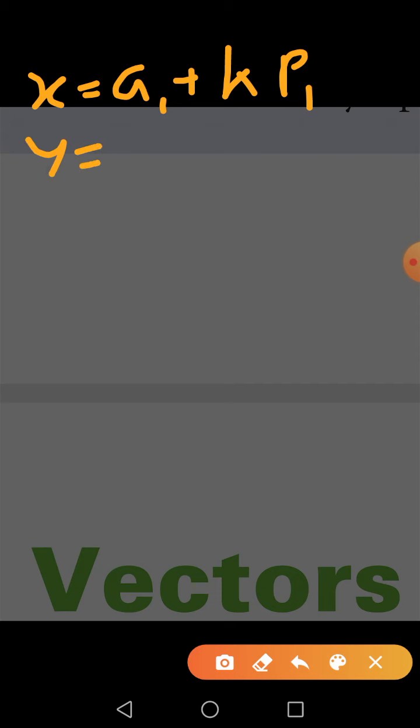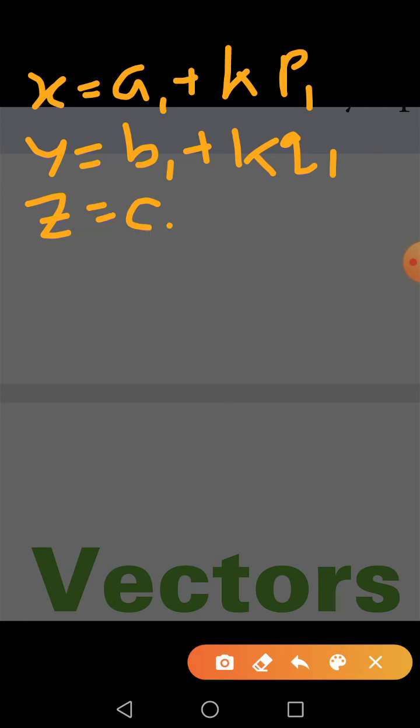We can write y equals b1 plus k into q1, and we can write z is equal to c1 plus k into r1. So, these are the equations that we are getting from the first line.